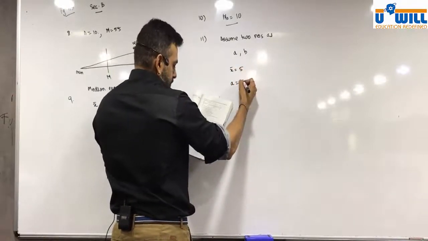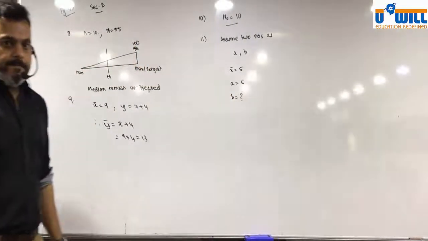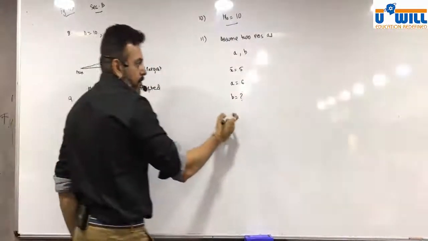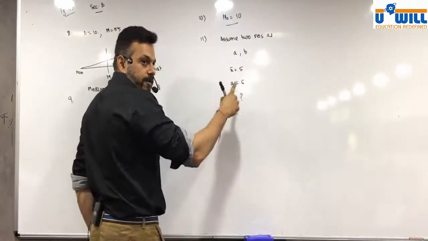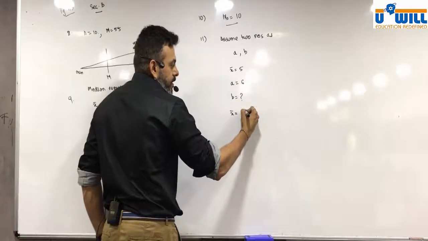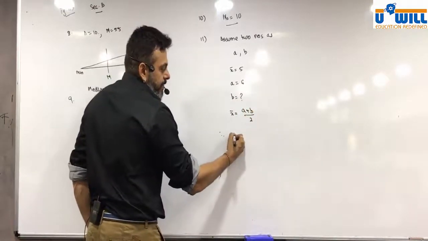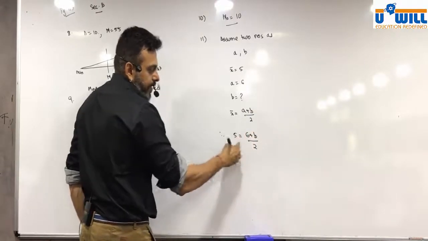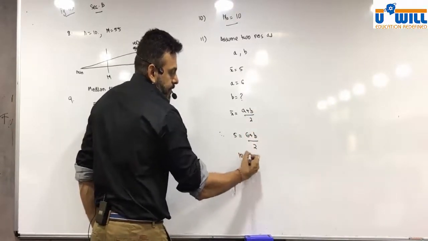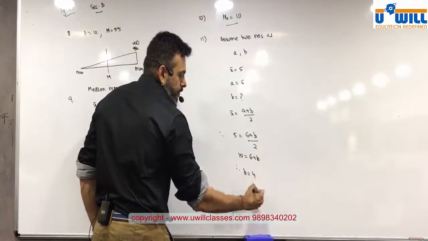Given A is equal to 6, we have to find value of B. Now, what is the formula of mean? Mean is equal to sum of observations, so A plus B upon number of observations. Therefore, mean 5 is equal to 6 plus B upon 2. 5 2s are 10. 6 plus B. Therefore, B is equal to 4.